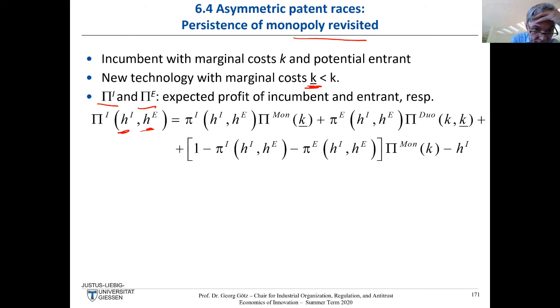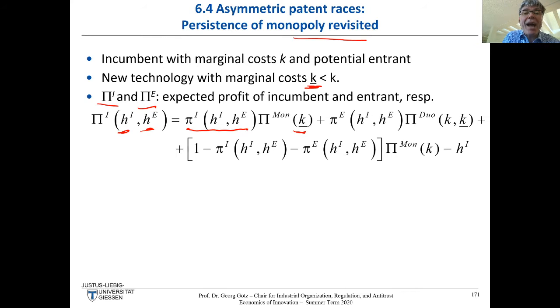Now, if the incumbent invests h I and the entrant invests h E, the probability that the incumbent is first is this here. Okay, and with this probability, the incumbent is first, and it gets this innovation, K lower bar. So if it gets this innovation, of course, it's a monopolist using the new technology.